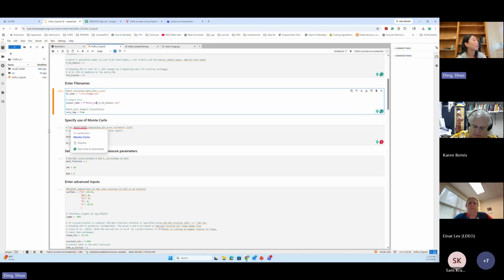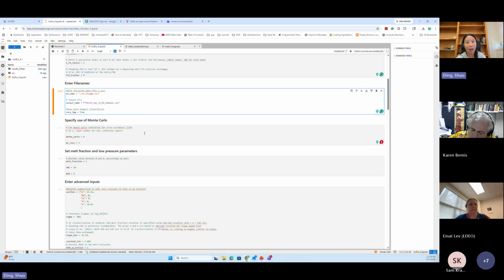So this is the specifier of the Monte Carlo. This is for how SoftX can account for uncertainties. It only accounts for uncertainties for the sulfur partition coefficients that were developed in this study, because those partition coefficients have 15 to 20% uncertainties. So you can ask SoftX to run multiple times, and each time it randomly chooses a partition coefficient within the uncertainty.